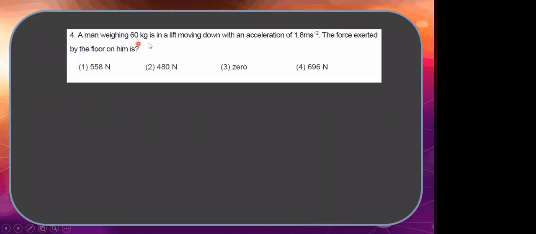A man weighing 60 kg is in a lift moving down with an acceleration of 1.8 meters per second square. The force exerted by the floor on him is to be calculated. The mass of the block is given as m equals 60 kg, moving down with acceleration a equals 1.8 meters per second square.